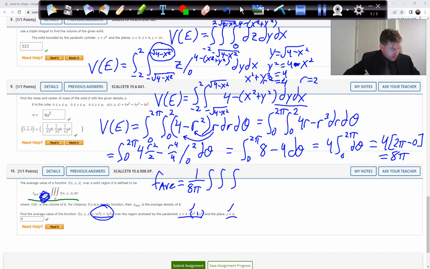I think I want to jump the gun a little bit. Let's just jump through this a bit. I could write -2 to 2 and square root, like we did before, but let's go right to polar coordinates.